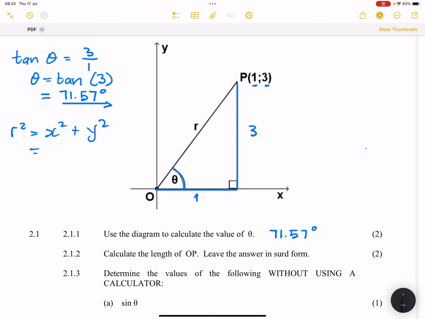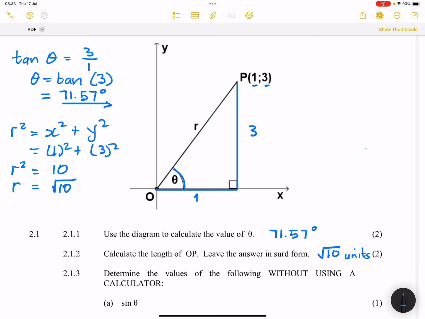Our x value is 1, our y value is 3, so we've got 1 plus 9, which gives us 10. So r squared is equal to 10, therefore the value of r. Please note, we won't say plus or minus, because we are dealing with a distance, and r is considered to be always positive. So that's simply the square root of 10. So we know that the length OP is root 10 units.